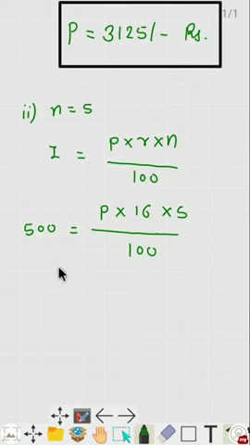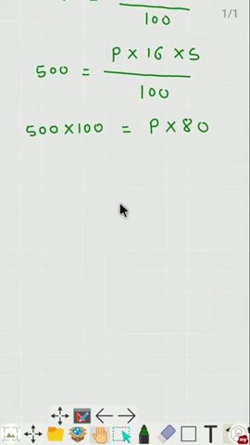So next step will be 500 into 100 is equal to P into the product of 16 and 5, which is 80.